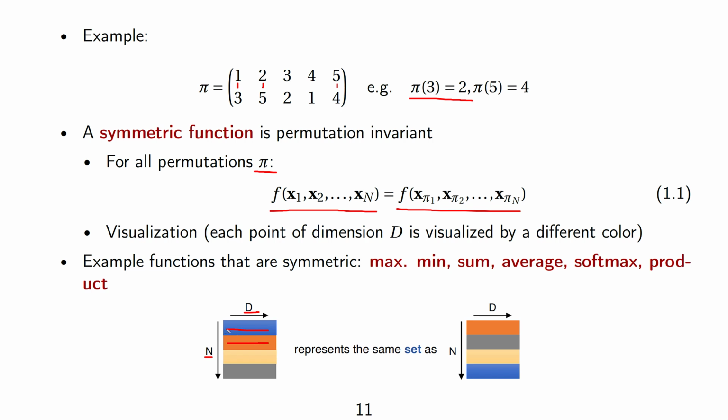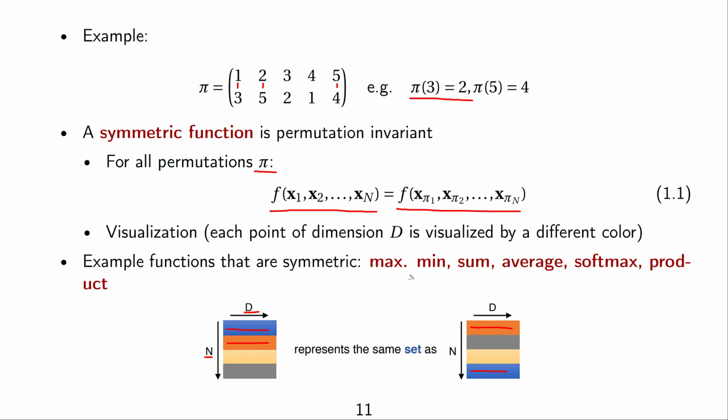So for example, on the left, the blue point is in the first row, and on the right, the blue point is in the last row, and on the left, the orange point is in the second row, and on the right, the orange point is in the first row.